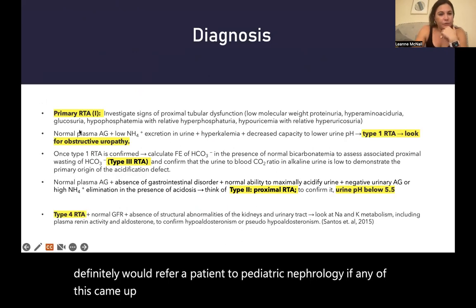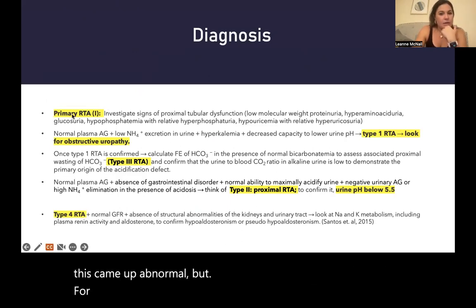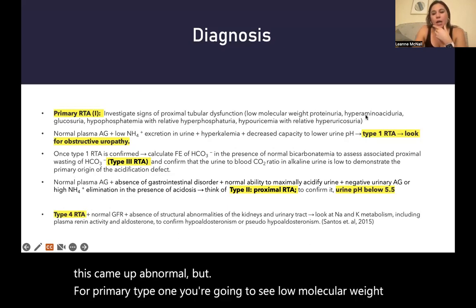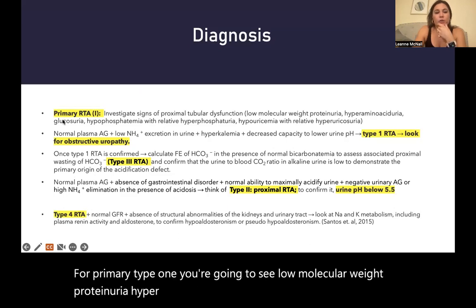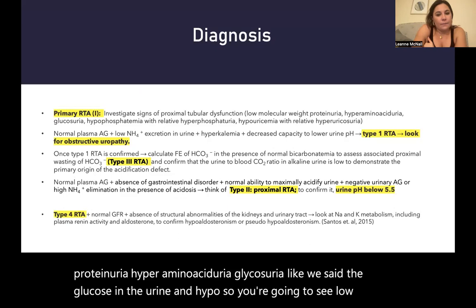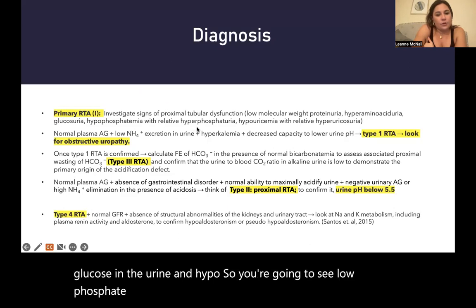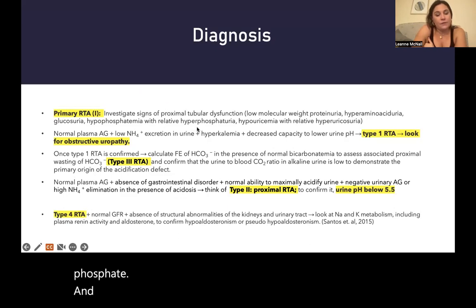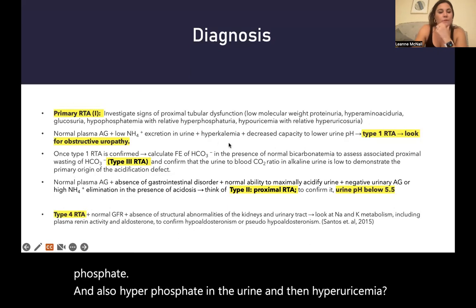But for primary type 1, you're going to see low molecular weight proteinuria, hyperaminoaciduria, glucosuria, like we said, the glucose in the urine, low phosphate, hyperphosphaturia, and hypouricemia also in the urine.